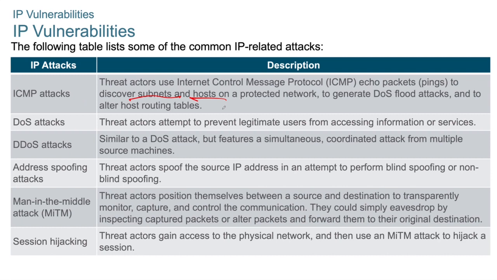By using ICMP packets, the threat actors try to generate a denial of service flooding attack, and to alter the host routing tables. When they alter the host routing table, all the routes will be changed to the attacker side only.